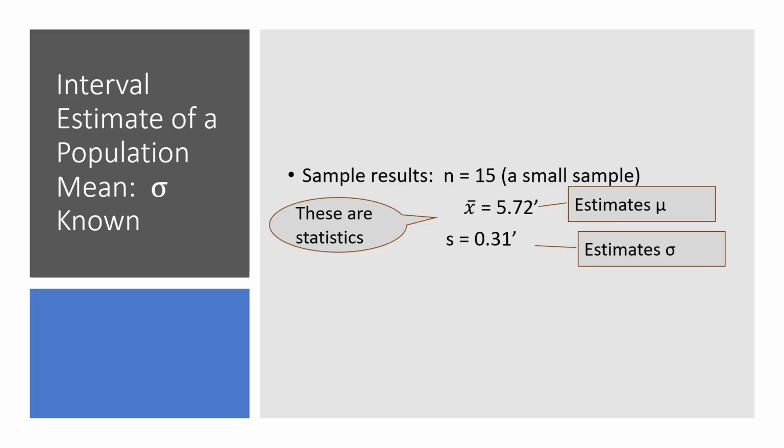So the 5.72 feet is our estimate for our population mean, and the standard deviation of 0.31 is our estimate for our population standard deviation. Now, remember, things that describe our population are going to be referred to as parameters.